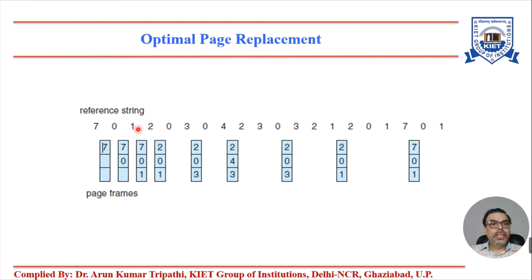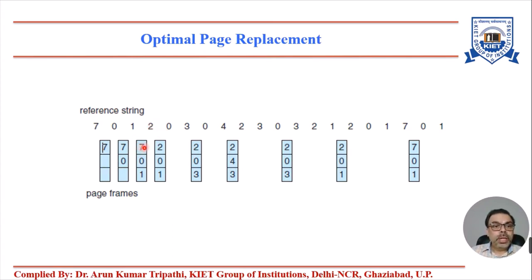Now it has to replace a page. Which page should get replaced? Here the optimal algorithm will search for the page that is not going to be needed in the near future.